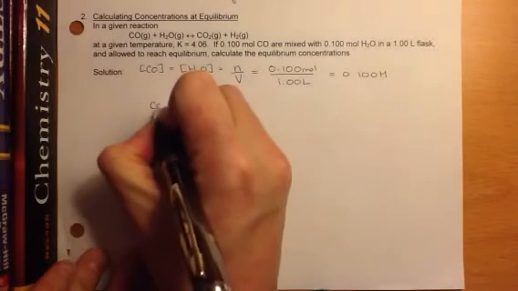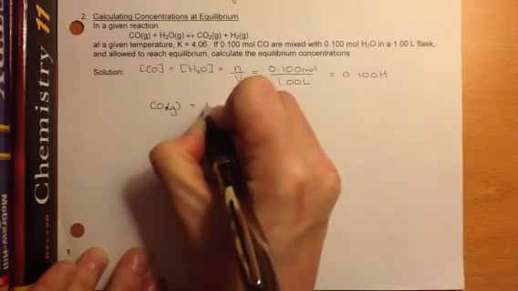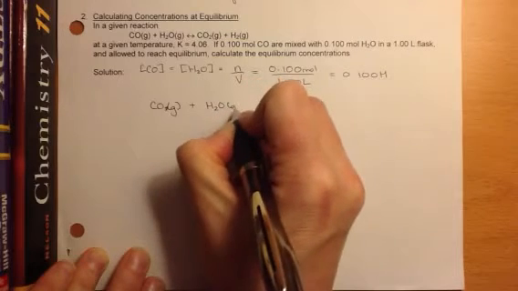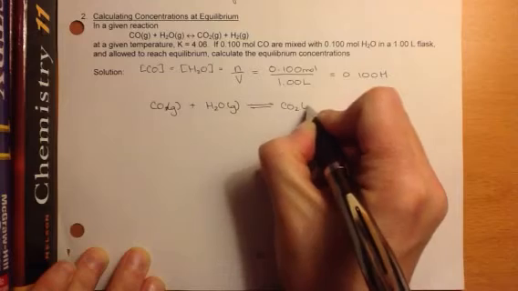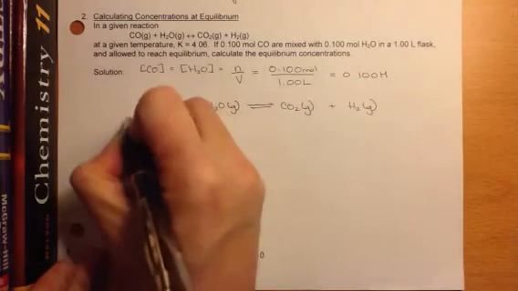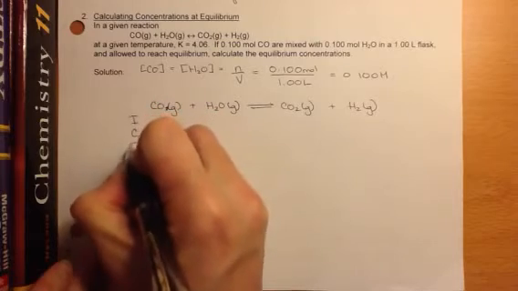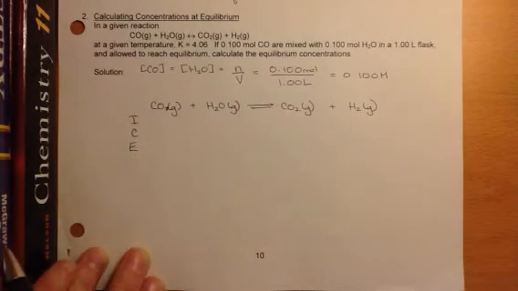Now let's recopy our balanced chemical equation so that we can do our ICE chart. We've got the initial, the change, and the equilibrium.